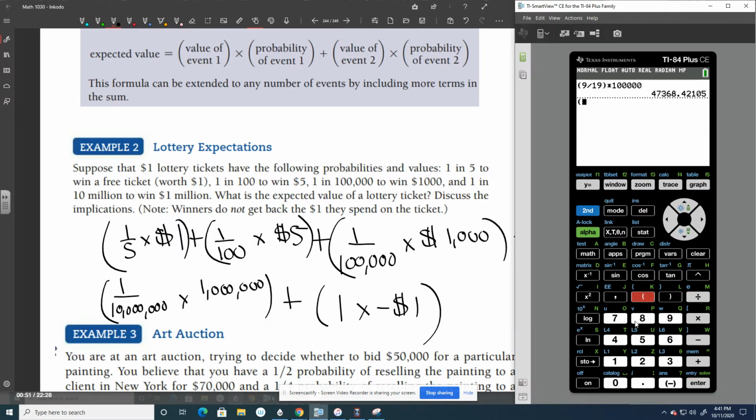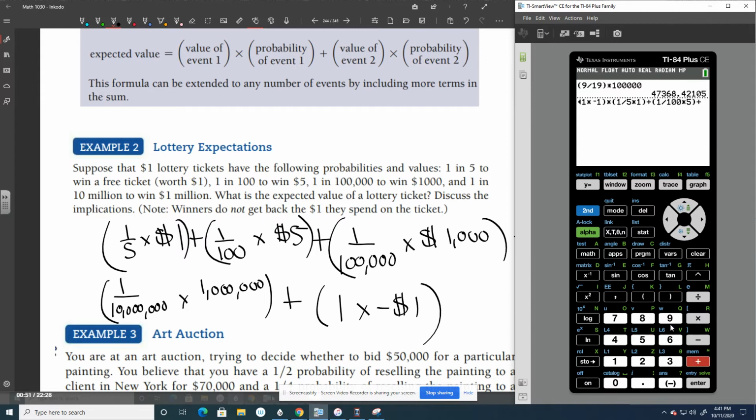So on my calculator, I've got 1 times -1. That one's easy, right? That's this last one right here. I usually do my spending probability at the beginning. And then I'm going to times 1 out of 5 chances of winning $1. And then I'm going to add my 1 out of 100 chances of winning $5.